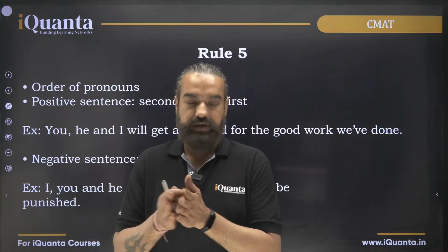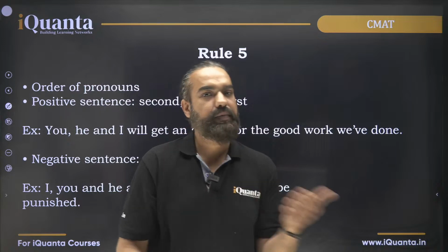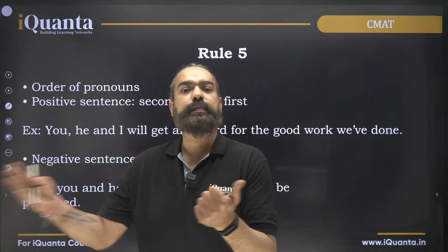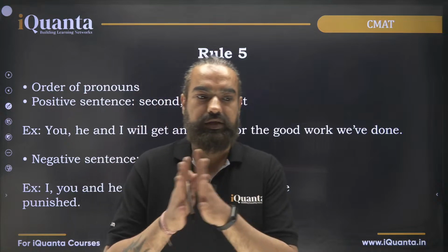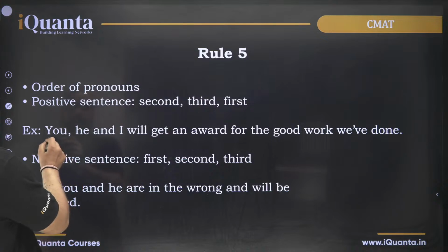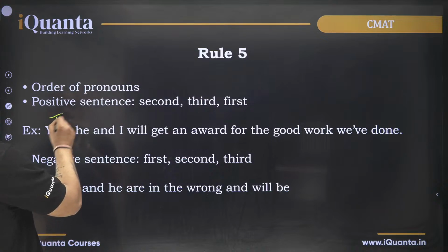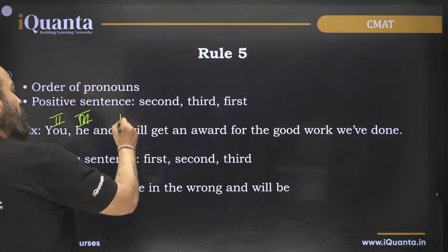So then, Nitika is you, second person, goes in first, then the third person goes in and then the first person. So this is the order of pronoun. It's based on courtesy. The order is second person, third person, and first person.